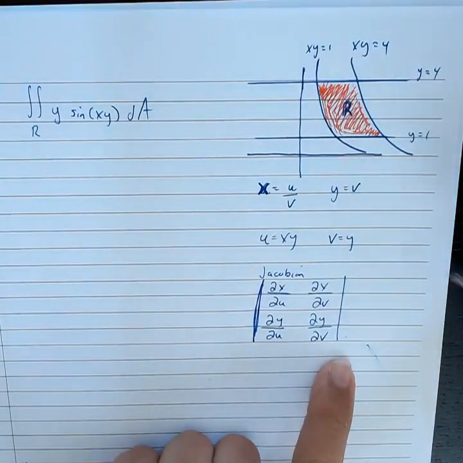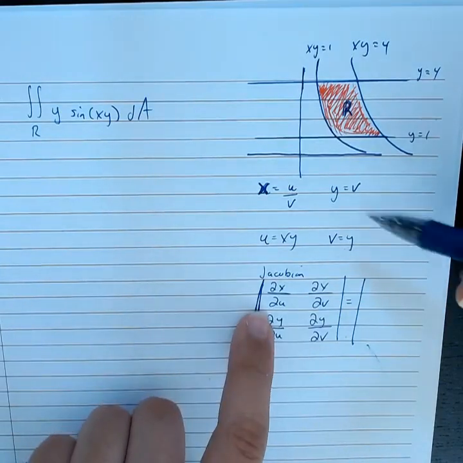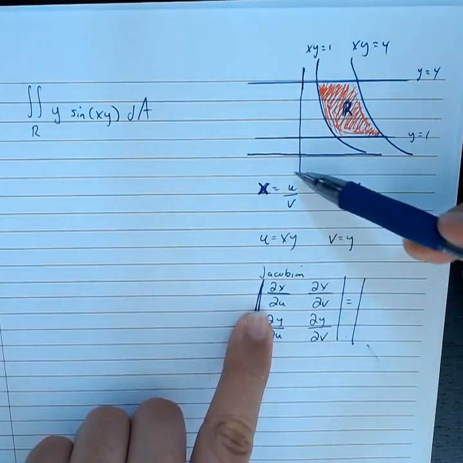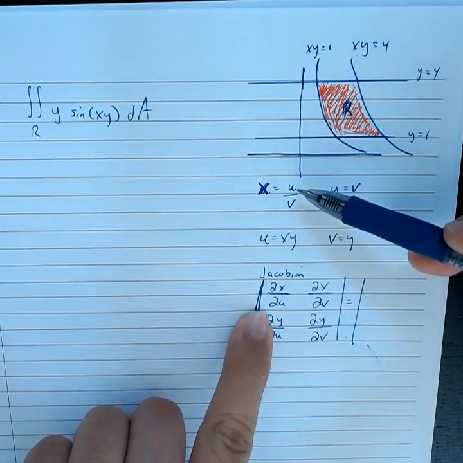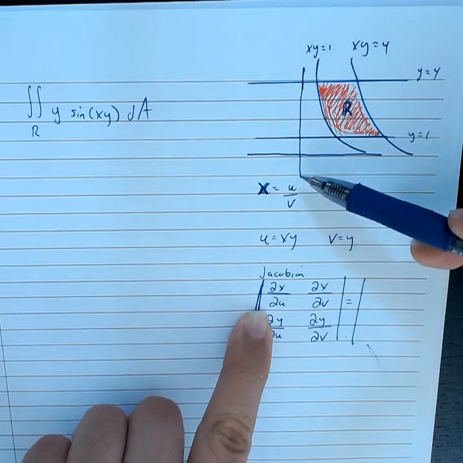All right, so here we're going to take this as the partial of x with respect to u. Well, there's x, and with respect to u, that's u over a constant, so if I take the derivative, it's just going to be 1 over the constant.